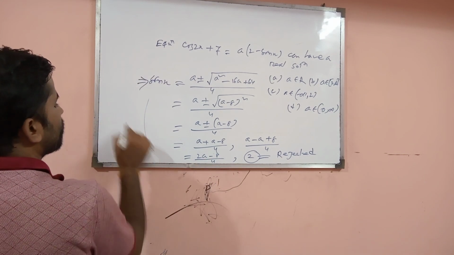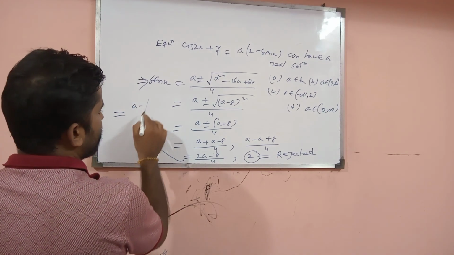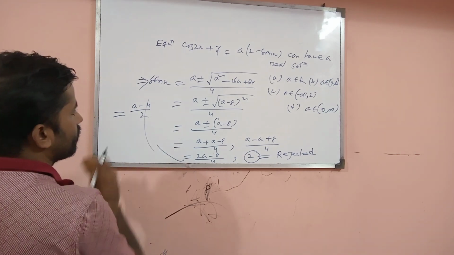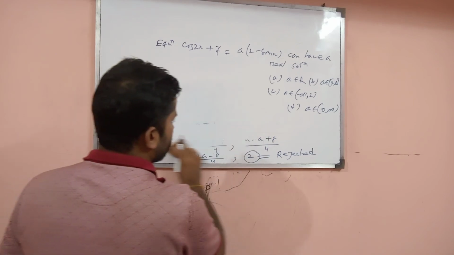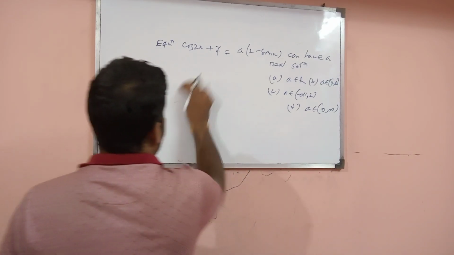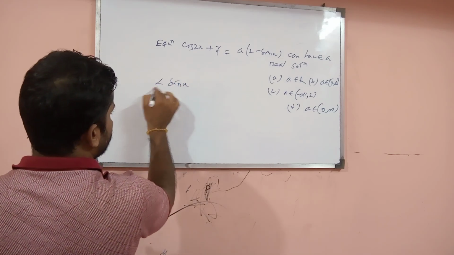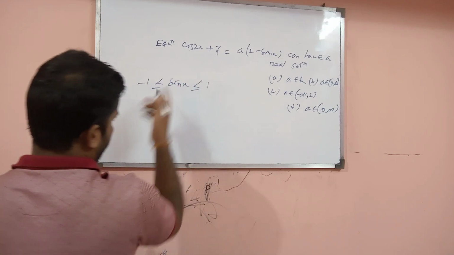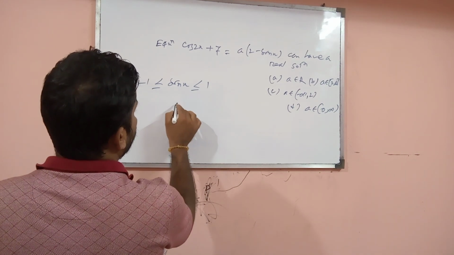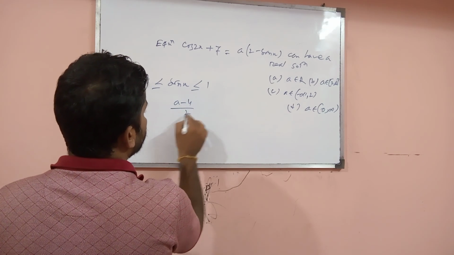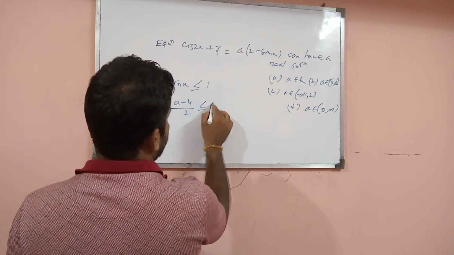Its simplest value is like this, a minus 4 by 2. As we know, sin x lies in the interval which is written here. So a minus 4 by 2 is greater than or equal to minus 1 but less than or equal to 1.